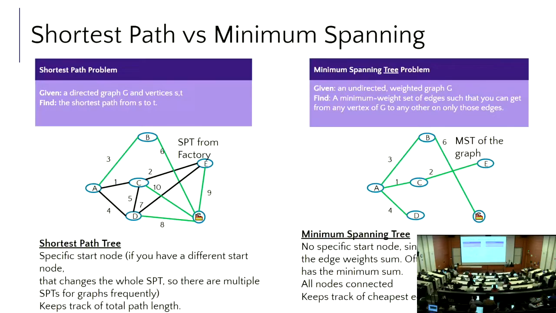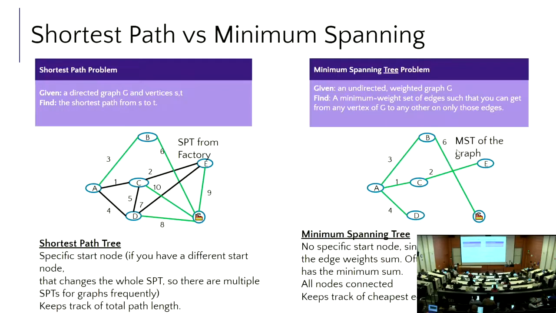And so in that case, if I wanted to calculate the distance that it would take me from the factory to D in my MST, I'd have to go down that long path, here 6, and then here 3, and then here 4. That's a lot longer than 8. That's a length of 13, right?